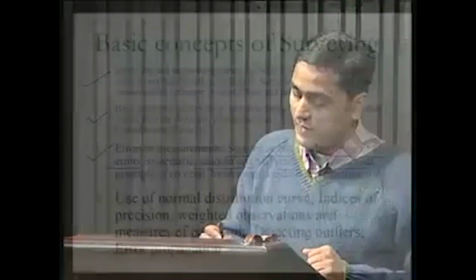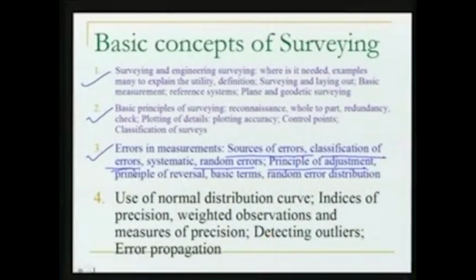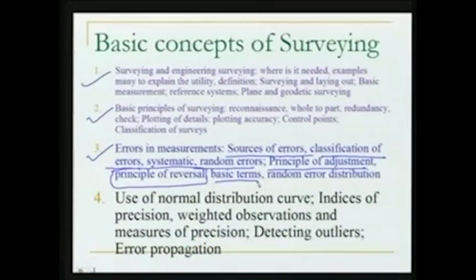So we need to adjust our observations so that they conform to the geometry in the field. We didn't talk about the principle of reversal; we will talk about it later when we discuss adjustment of instruments. Then we saw some more basic terms: the true error, percentage error, relative error.